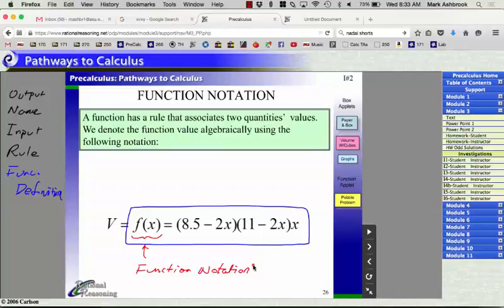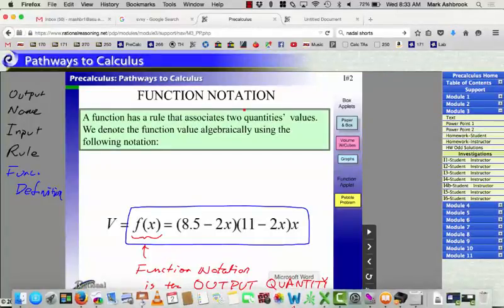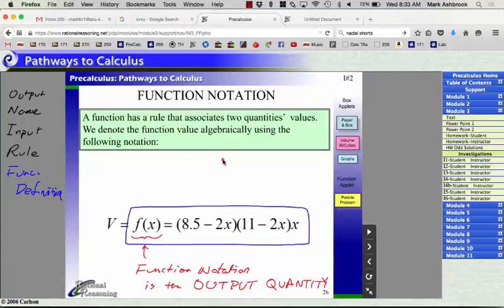It represents the output variable, or the output quantity. This is key, okay? So in this context, I'm going to give you some practice.